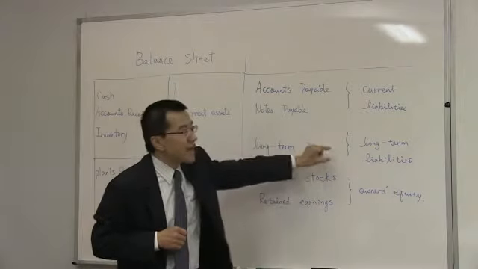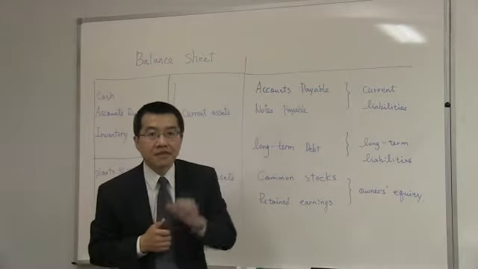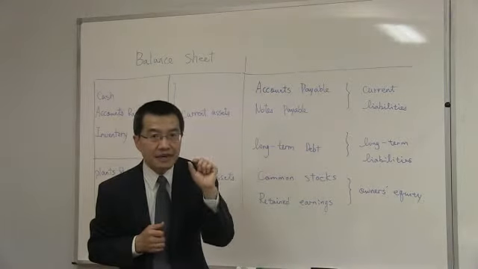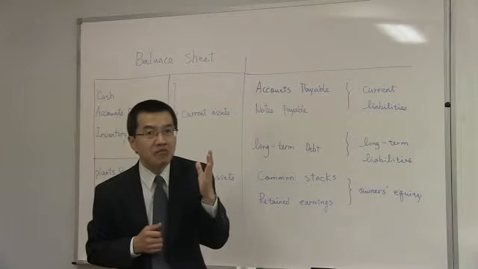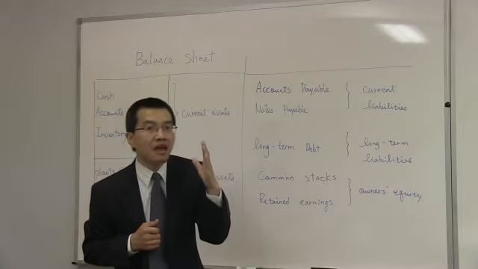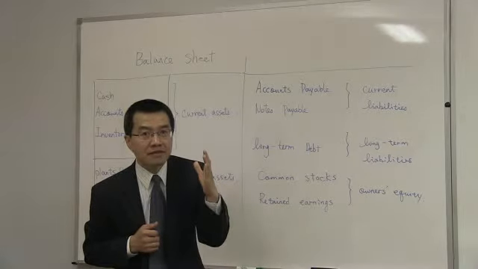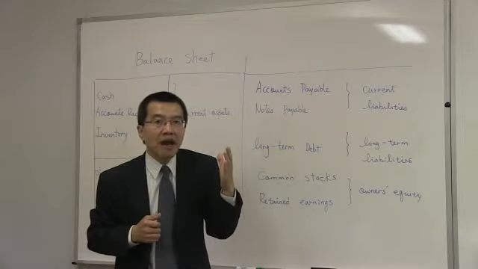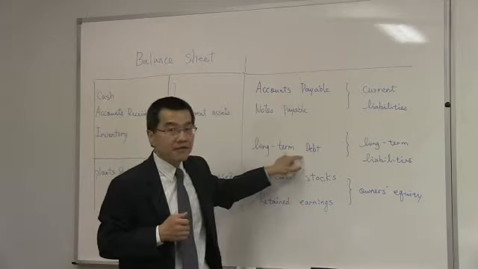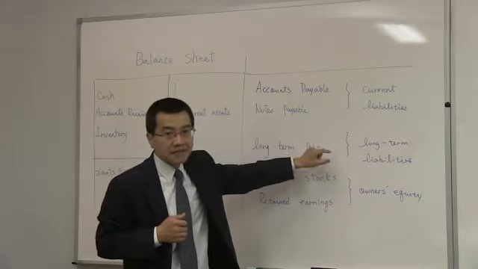And the company may have the long-term liability. So they have debt that they need to pay over a long time, which may be some kind of commercial loans, or for large corporations, they issue bonds. So the company may need several years to pay off these bond amounts. So that is a long-term liability.